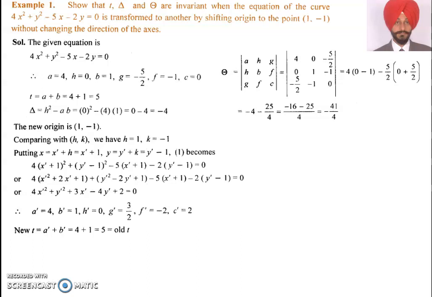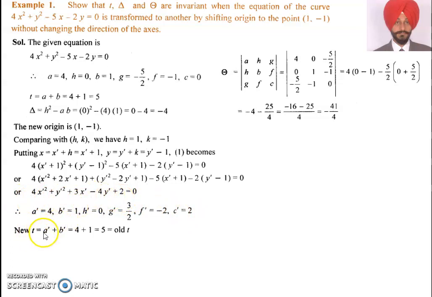So on simplification of this equation, I got 4x dash square plus y dash square plus 3x dash minus 4y dash plus 2 is equal to 0. So here a dash is equal to 4, b dash is equal to 1, h dash is equal to 0, g dash is equal to 3 by 2, f dash is equal to minus 2 and c dash is equal to 2. Just comparing it with the second degree equation.